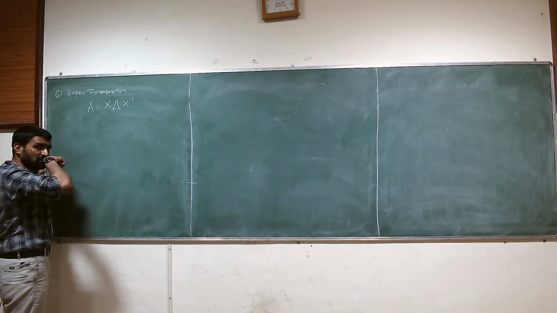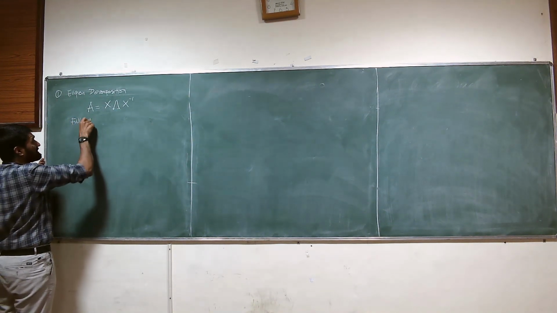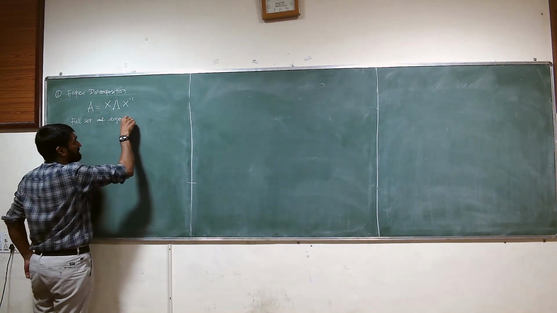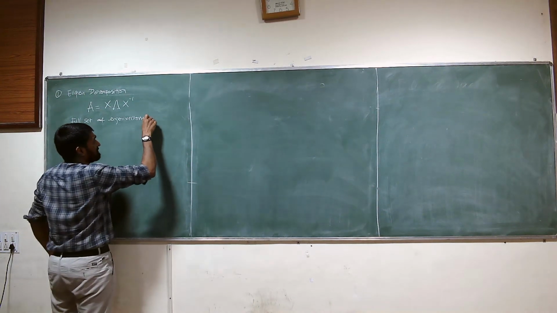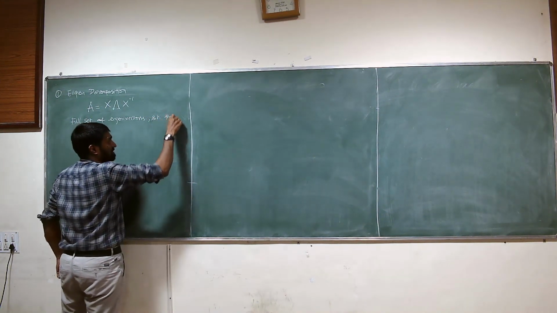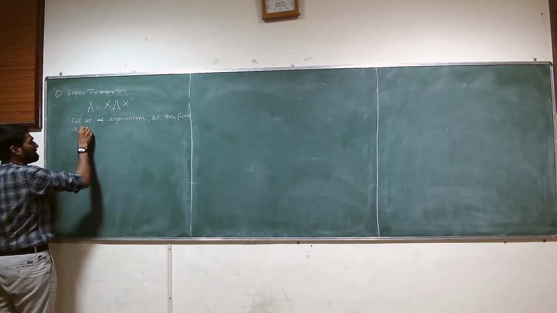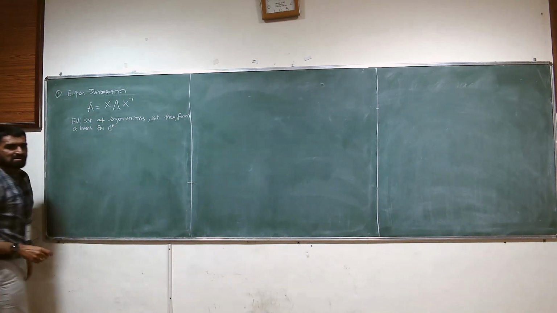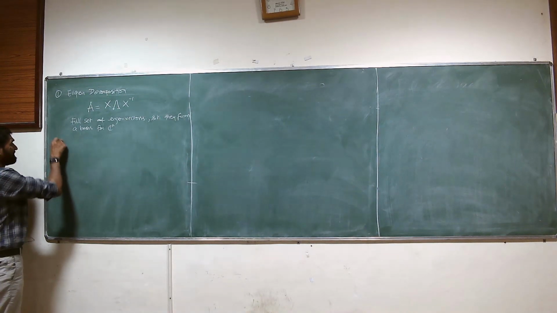So you should get a full set of eigenvectors such that they form a basis for Cn. Okay?